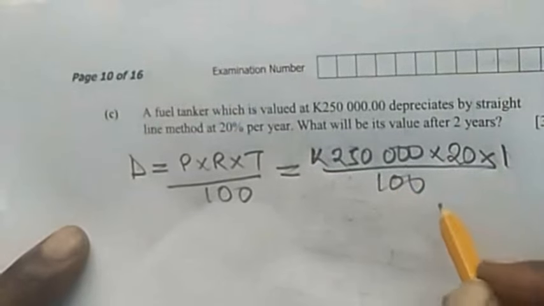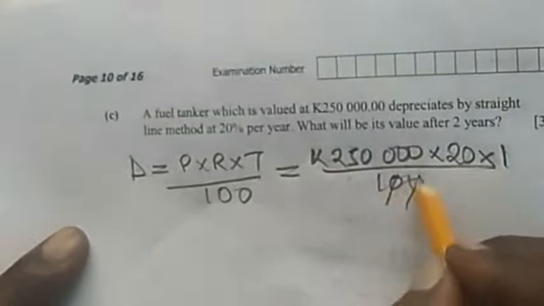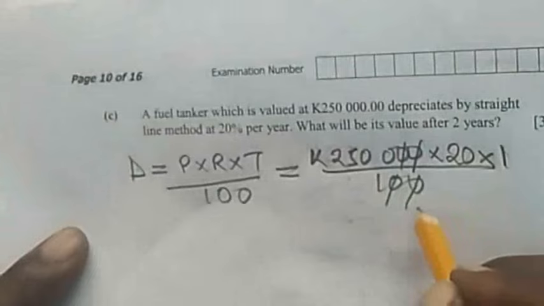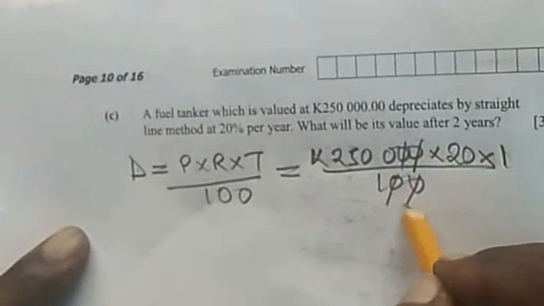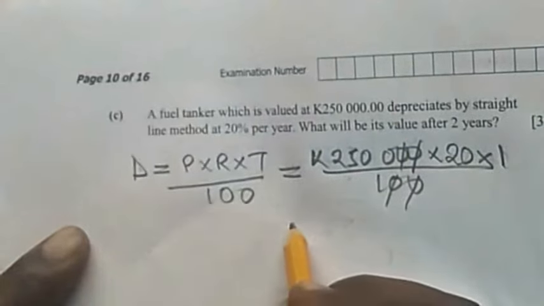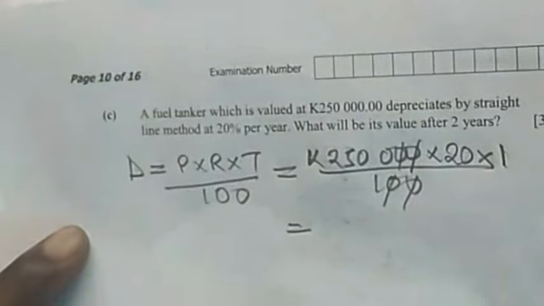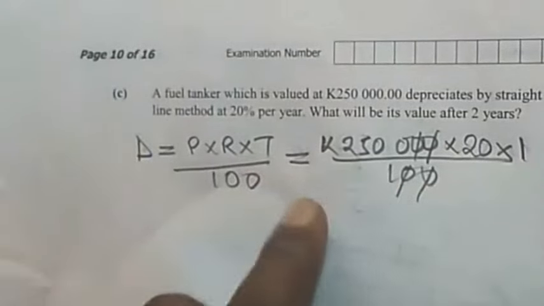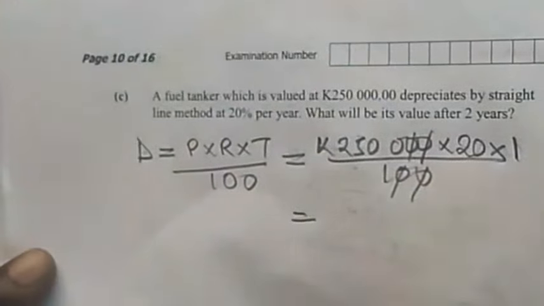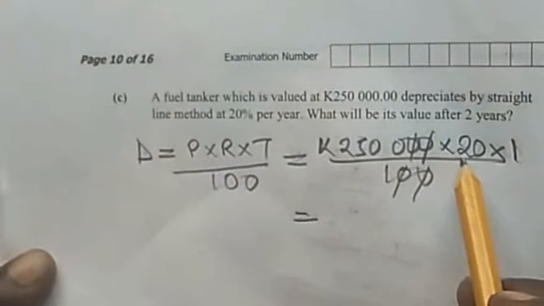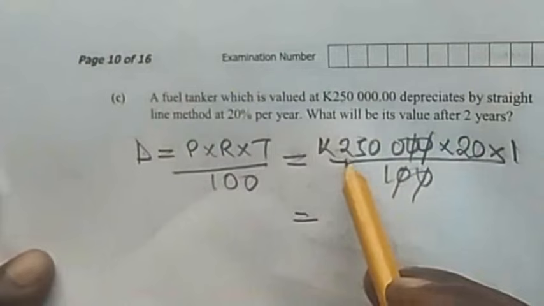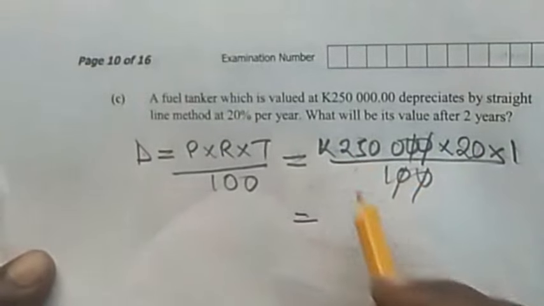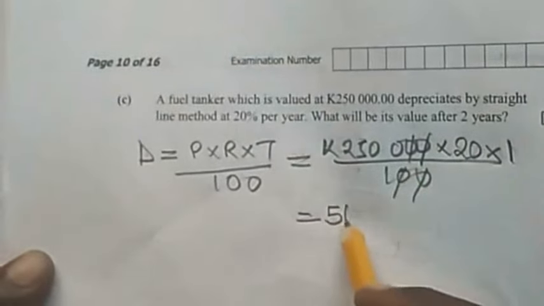So what you can do is cancel this 0 and this 0, this 0 and this 0. We have cancelled 2 zeros down and on top. Then we are remaining with 2,500 multiplied by 20 multiplied by 1. We ignore the zeros, then we multiply 2 times 25, which gives us 50.